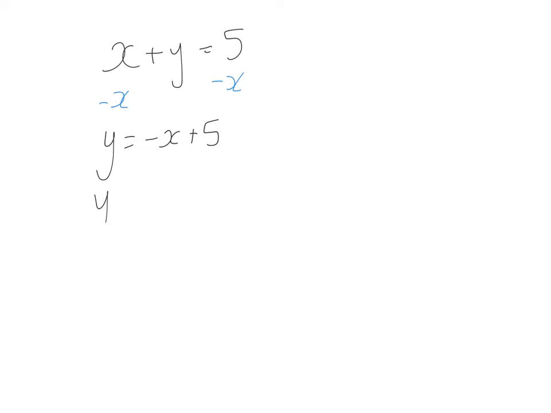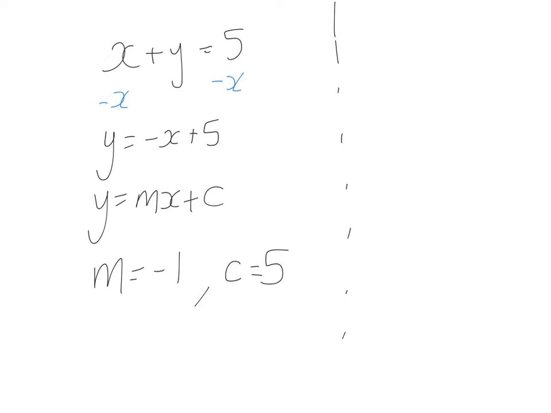If I compare this with the equation y equals mx plus c, we can see that the gradient is minus 1 and c is 5. So it crosses the y-axis at 5 and it has a negative gradient.